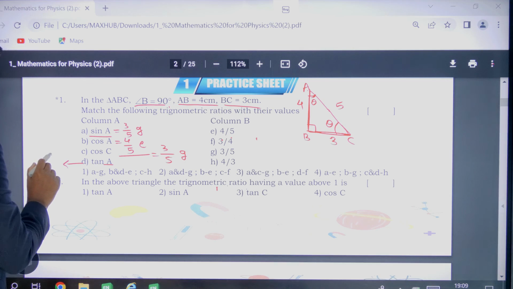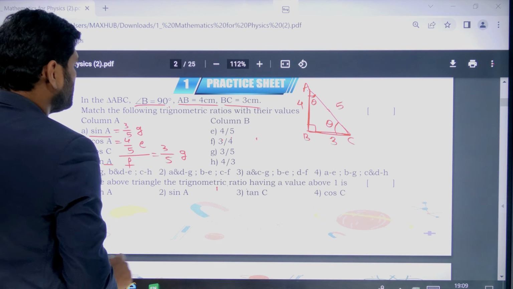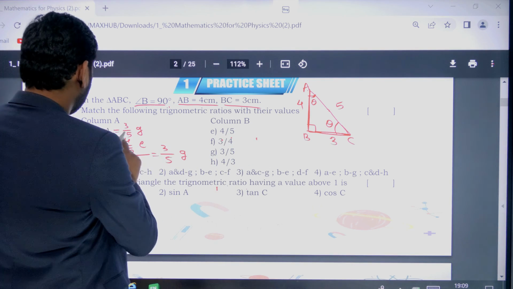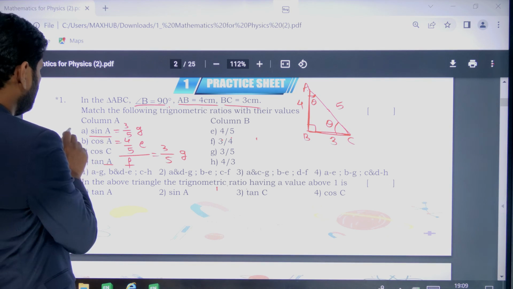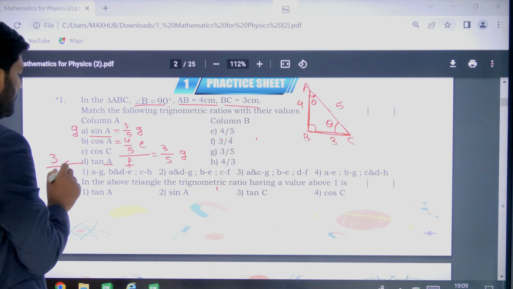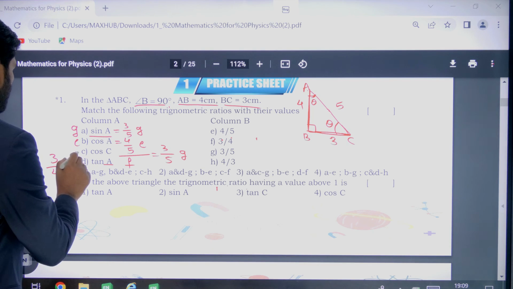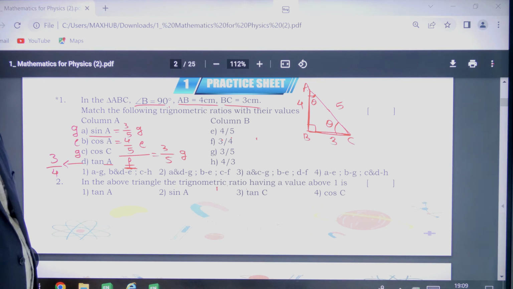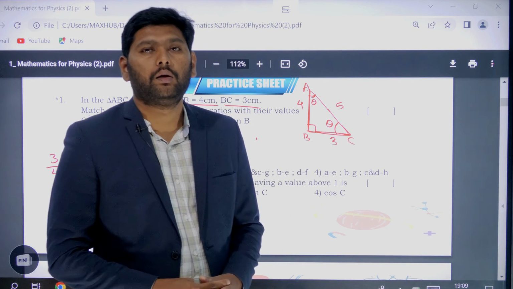So that is 3 by 4, which is option F. So finally, the options we have here: sin A has G, cos A has E, cos C has again G, and tan A has F. These are your options. I hope you have understood how to solve.